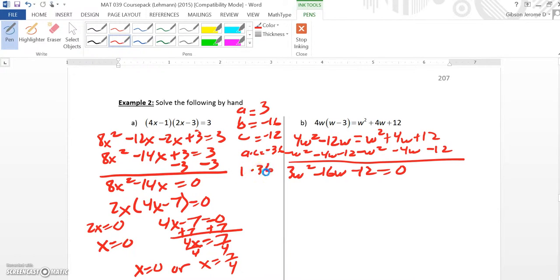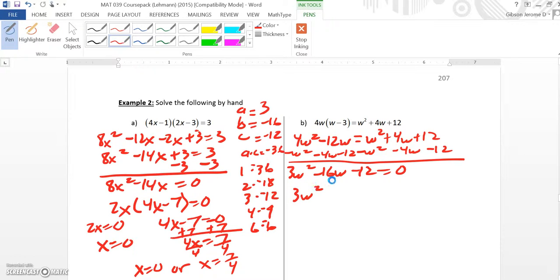We will have 1 and 36, 2 and 18, 3 and 12, 4 and 9, and then 6 and 6. These are the factors of 36. Now if you notice here, it's a negative 36, and our B is negative. So that means all of your higher numbers will be negative. Now when we add these together, we want to get negative 16. The ones that give us negative 16 is this 2 and negative 18.